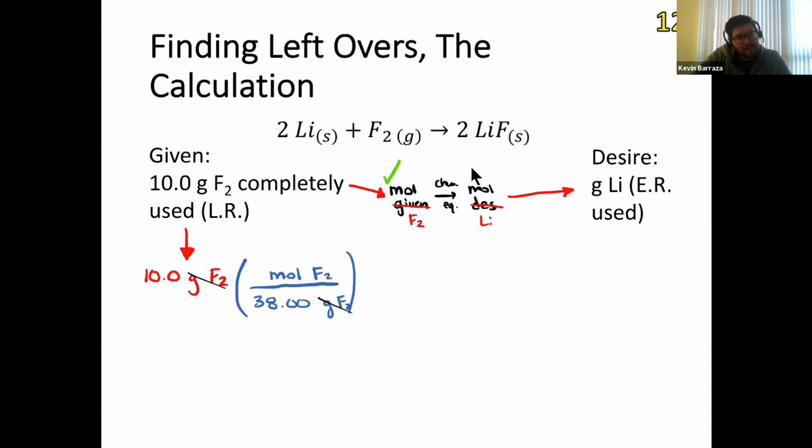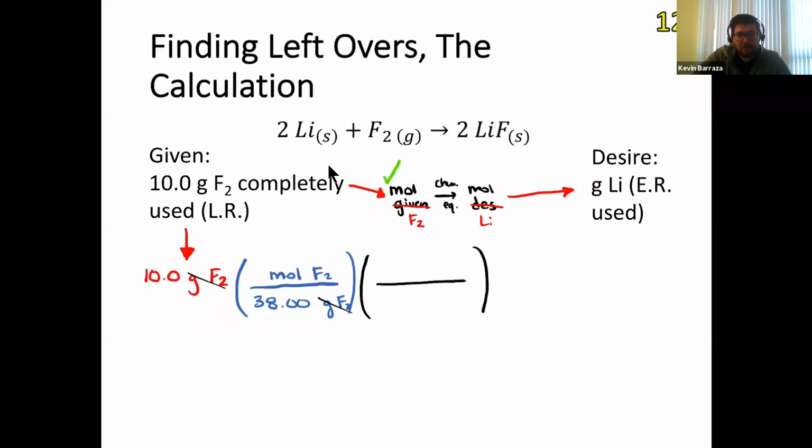Now our next step, the central theme of all stoichiometry problems, is to take your moles of given to moles of desired using the chemical equation. So what am I going to do for that? Well, it's going to involve a fraction. All right, here's a fraction. We're going to locate the given and the desired. Looking for the coefficient, 1 fluorine needs 2 lithium.